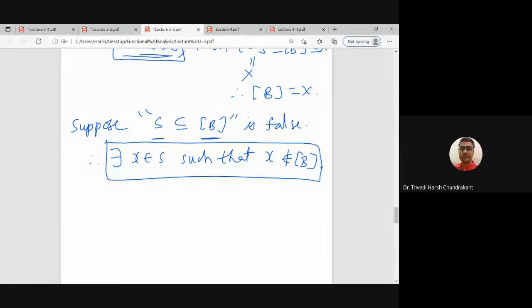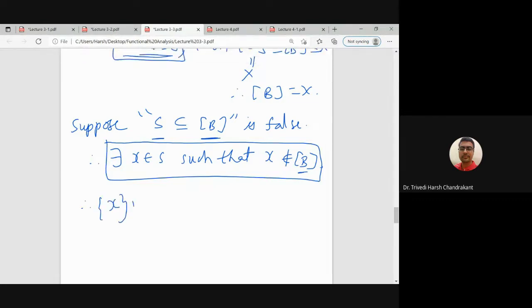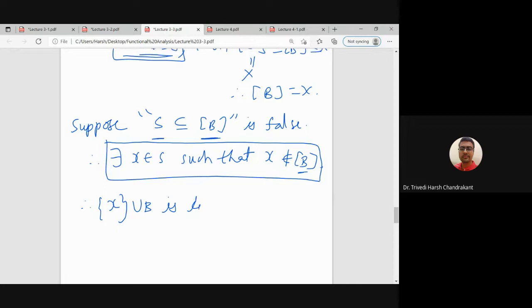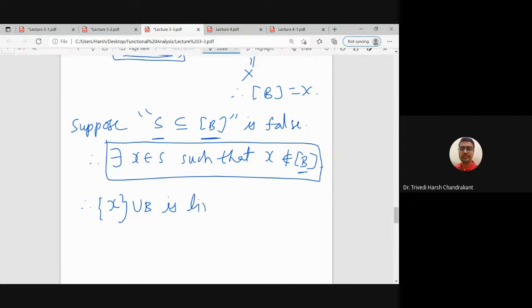So basically we are using that B is linearly independent also. So therefore x union B is linearly independent.